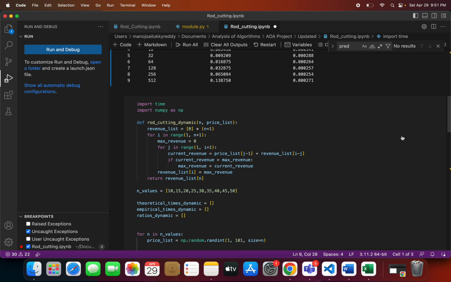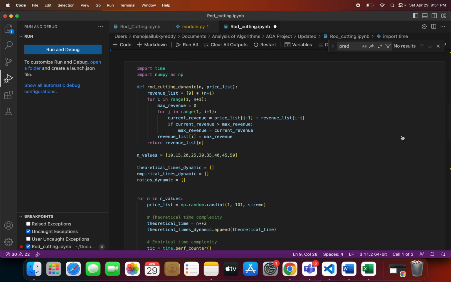So if we go to the code, here I have explained the algorithm. Here the code measures the time complexity of the dynamic programming solution of the rod cutting problem. The rod cutting dynamic function is the main one that uses dynamic programming to solve the problem.